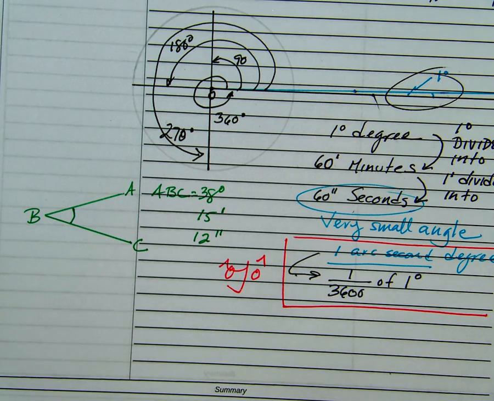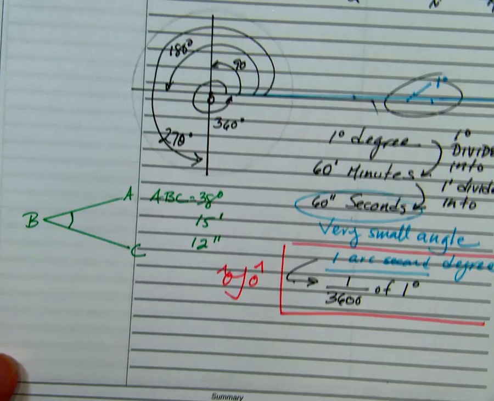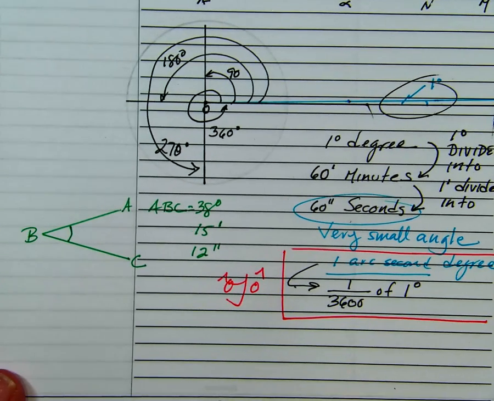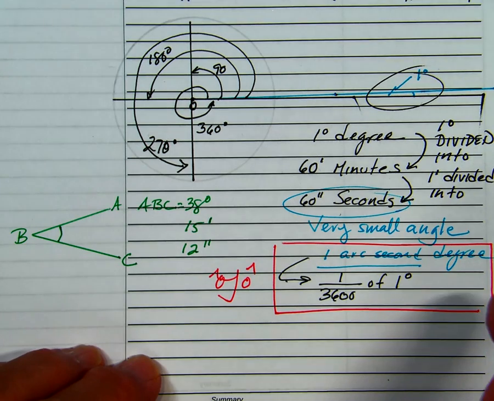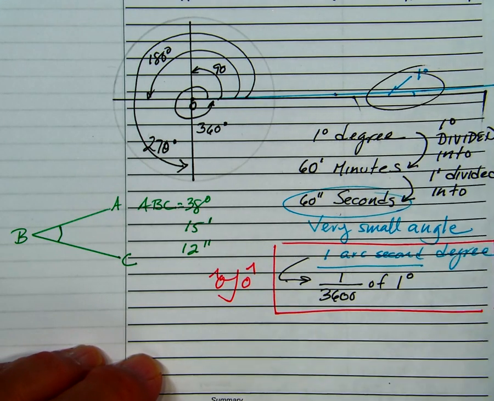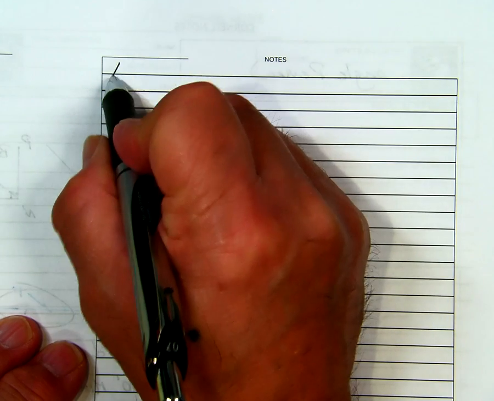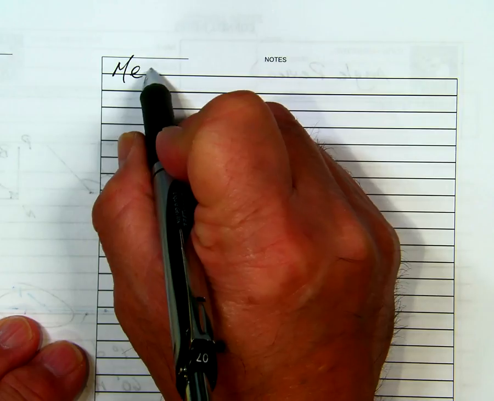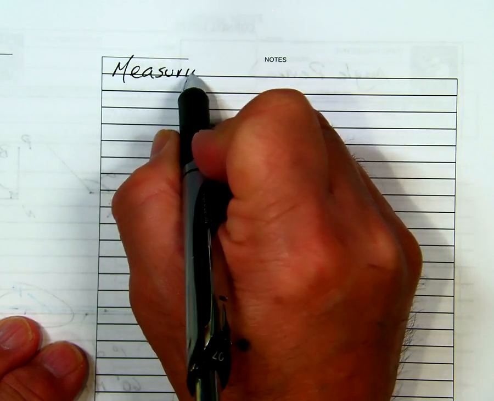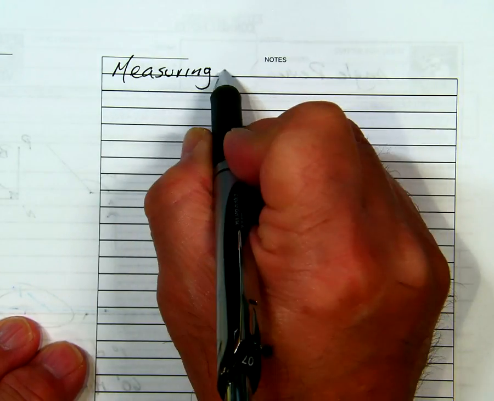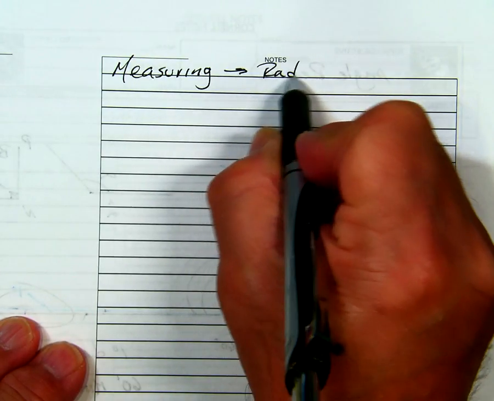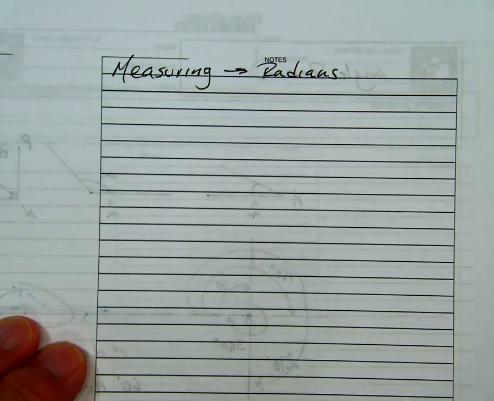Okay, that wraps up. I'm going to go to the back of the paper. You can stop it at any time on the video, but I'm going to go to the back to explain radians. Radians are another way to measure angles. So if we take a look at measuring in radians, remember that it's just a measurement of an angle.